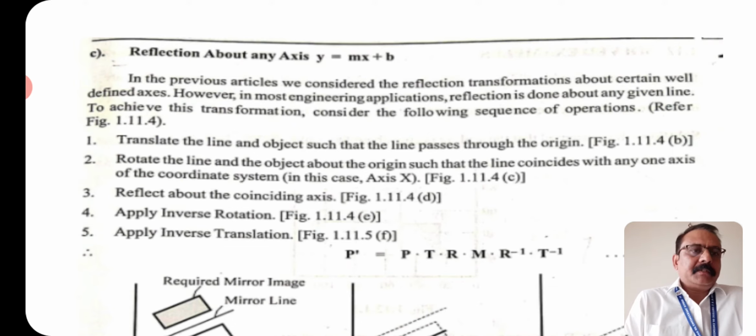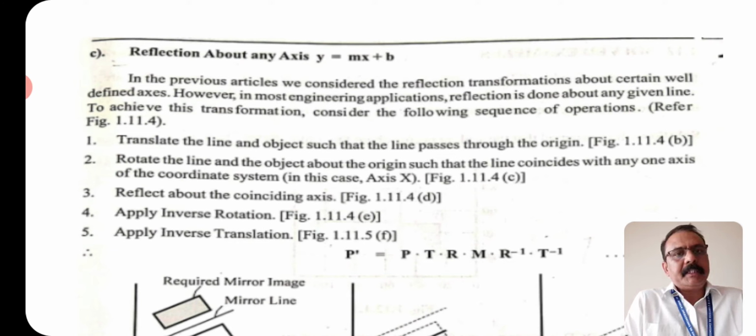Similarly, reflection. In the previous video, we considered the reflection transformation about certain well-defined axes. It is directly achieved. That is reflection about the x-axis, reflection about the y-axis, reflection about the origin, reflection about y equal to x, and reflection about the line y equal to minus x, because all these axes or lines are well defined. Therefore we can reflect the object directly about these well-defined lines.